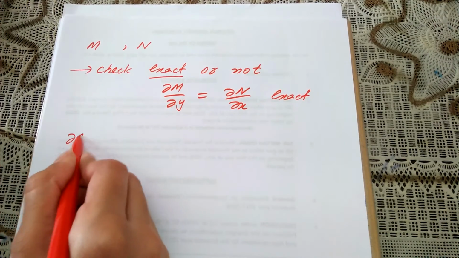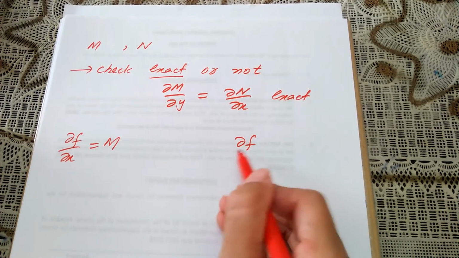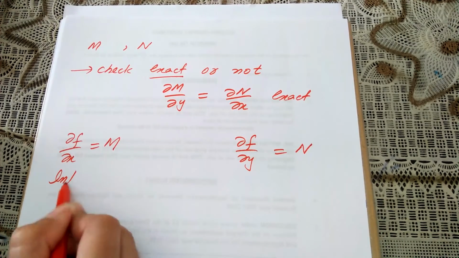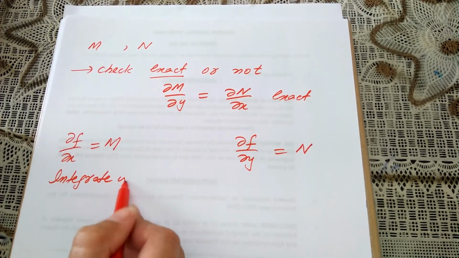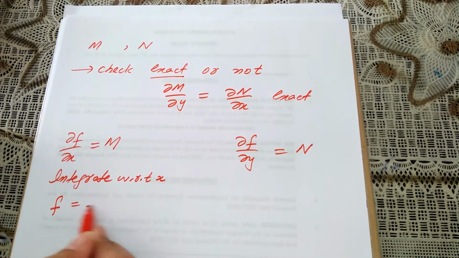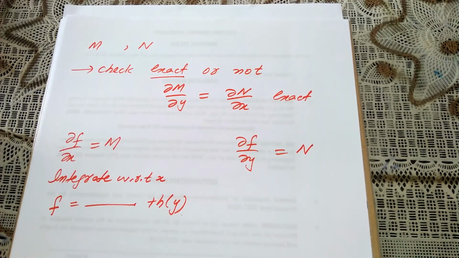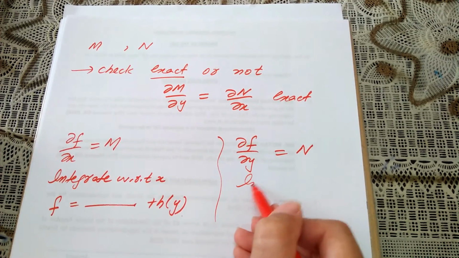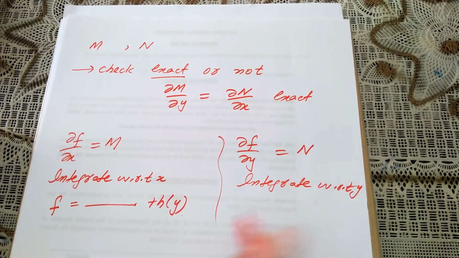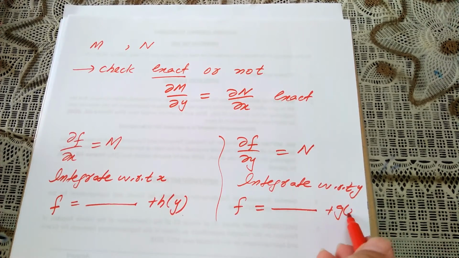You will write partial f over partial x is equal to M and partial f over partial y is equal to N. You will integrate the first with respect to x and find your f here, and the constant of integration will be h of y. And from the second you will integrate with respect to y, and you will get f equals some function plus g of x.